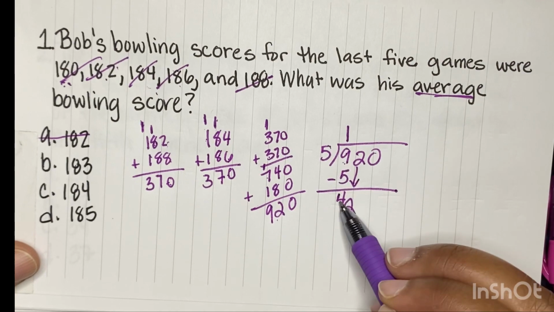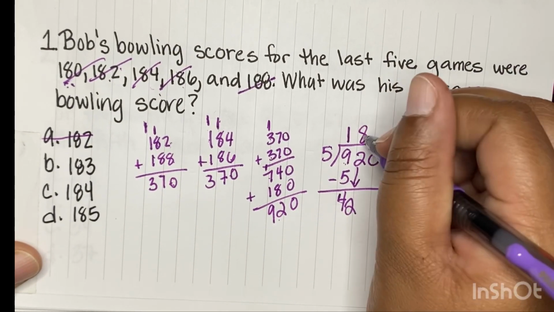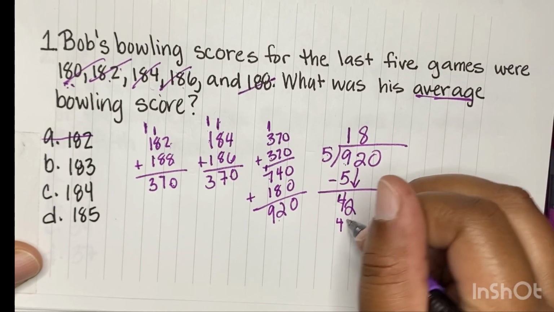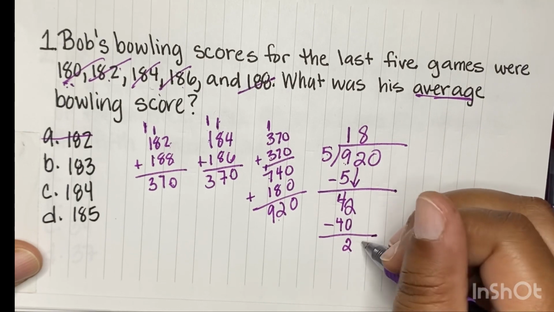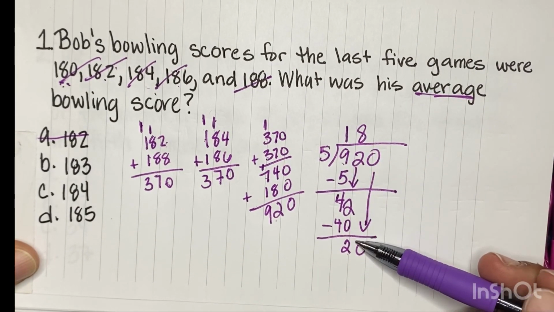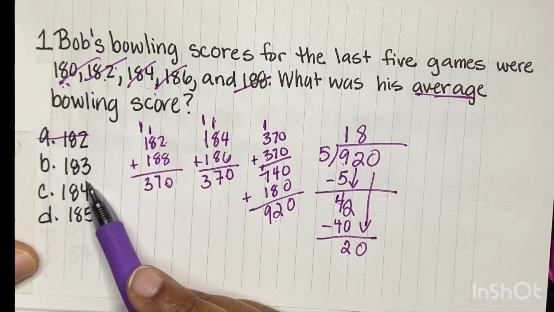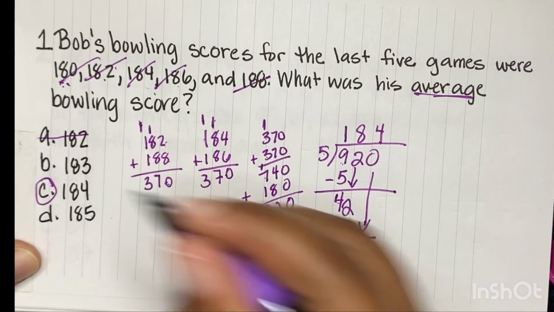And then 5 goes into 42. Well, they all have 8, so we know it's going to be 8 times. 8 times 5 is 40. Then we drop down, 2 minus 0 is 2. Drop down our 0. And then 5 goes into 20. Well, if you look at your options, 4 times. C will be our answer.